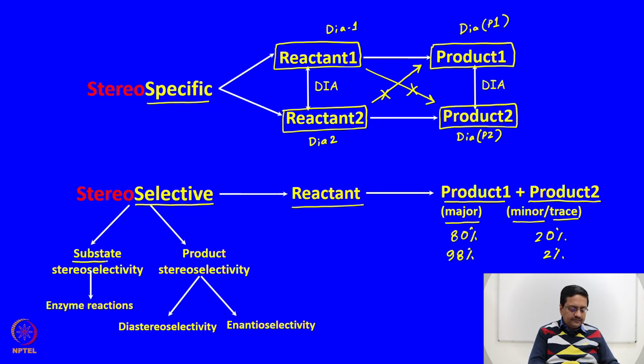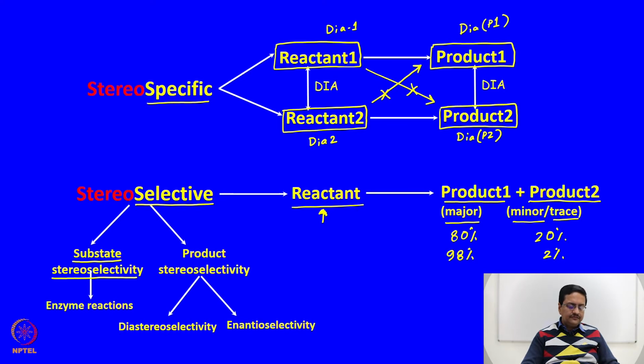One can think of substrate stereoselectivity, which means the reactant, which is the substrate, can be a mixture of two enantiomers or two diastereomers, and the reaction is such that one of the two stereoisomers present in the reaction medium reacts and gives you the product.